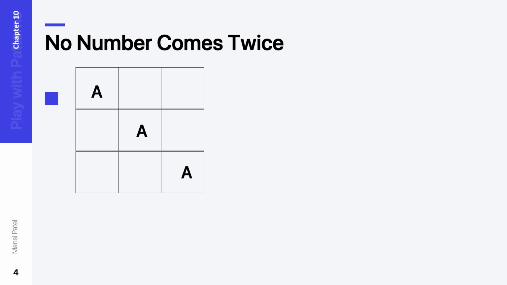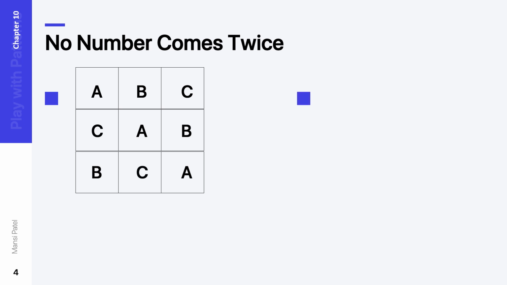Now after that in the first column I write down B. So first is occupied. Now in the second row, we have to write down B. Like this way, it does not come twice. Then the boxes which remain, you just write down C, C and C.